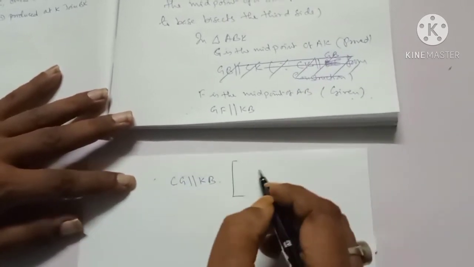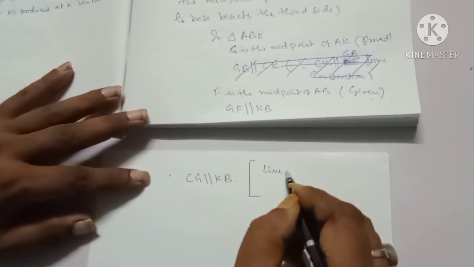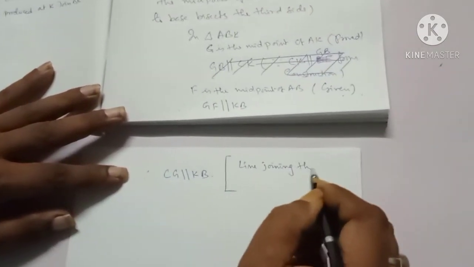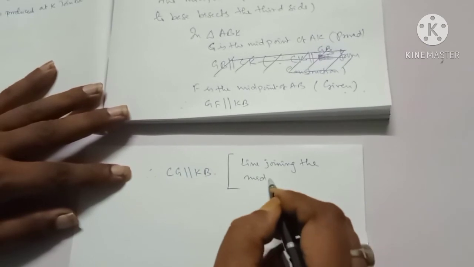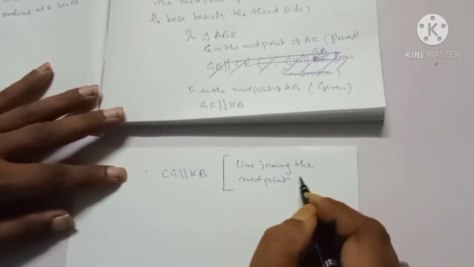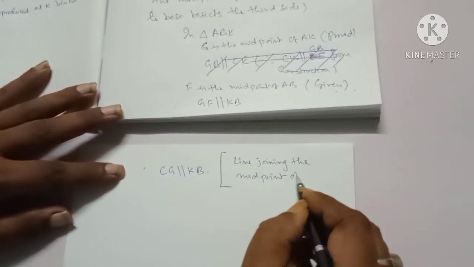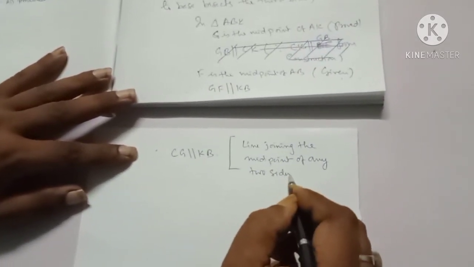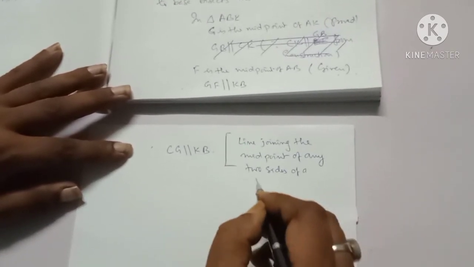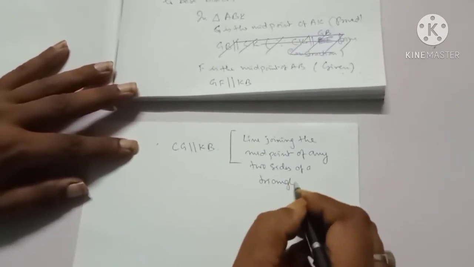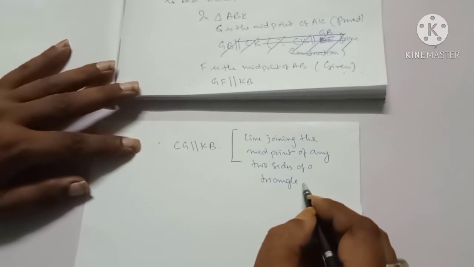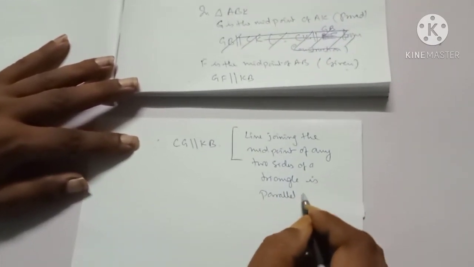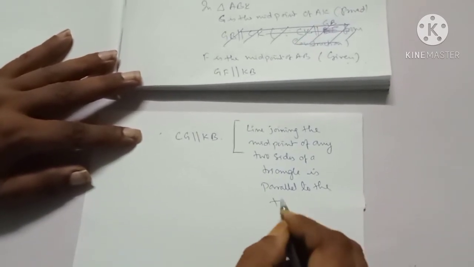According to the midpoint theorem, the line joining the midpoints of any two sides of a triangle is parallel to the third side.